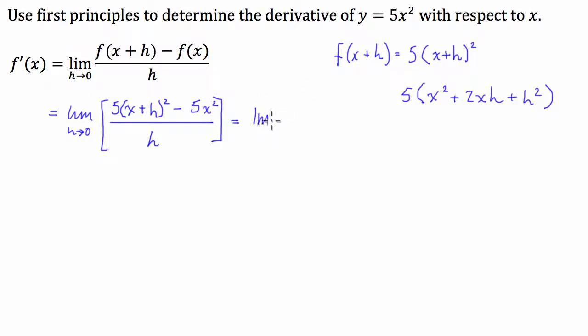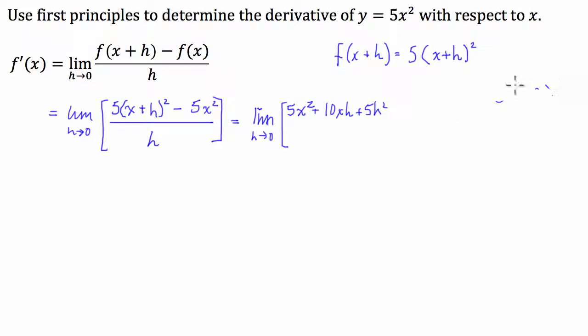So this is going to be the limit as h approaches 0 of 5x squared plus 10xh plus 5h squared. Now I'm just going to get rid of this so I've got some space. Cool. Then we're going to minus away 5x squared, and all of that is divided by h.